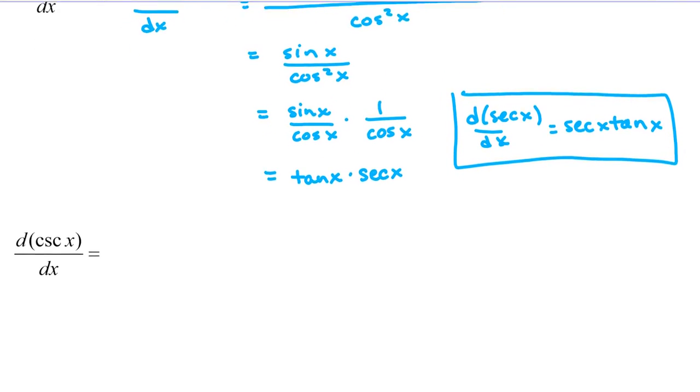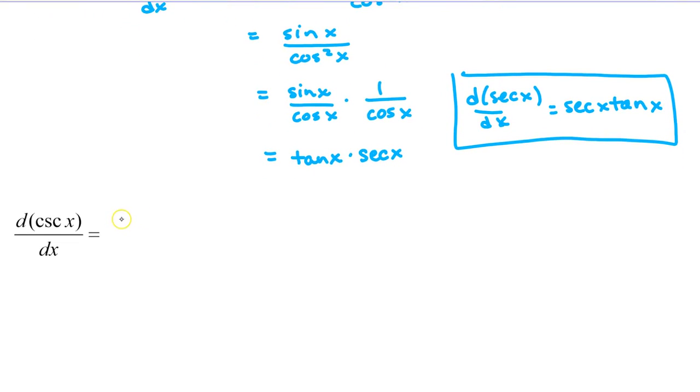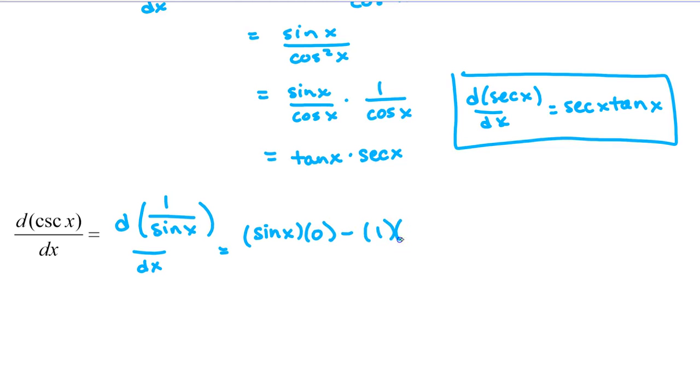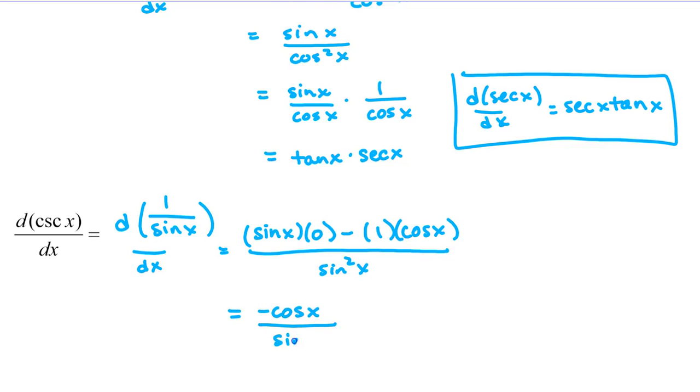And finally, for the derivative of cosecant, we know that cosecant x is 1 over sine x. So we have, using the quotient rule, the bottom times the derivative of the top minus the top times the derivative of the bottom over the bottom squared. And that works out to be negative cosine x over sine squared x.